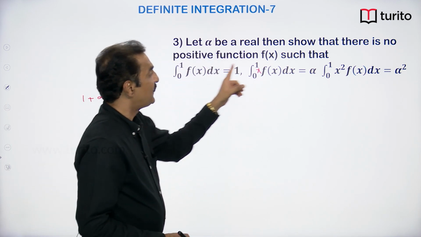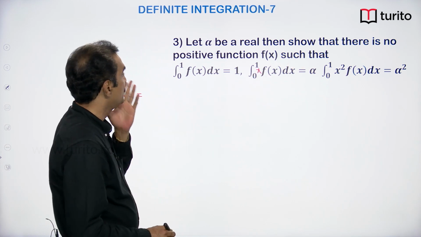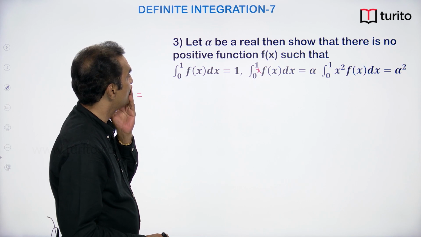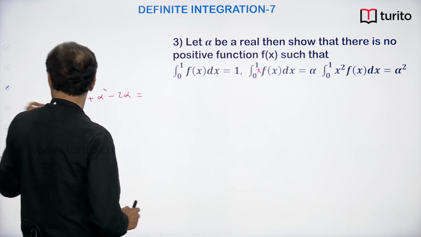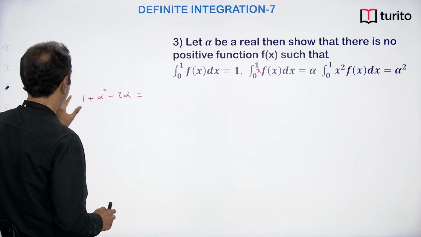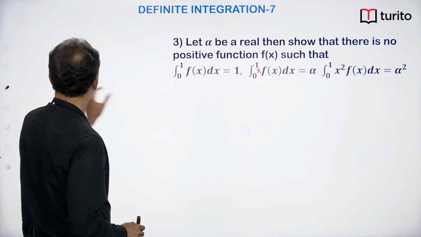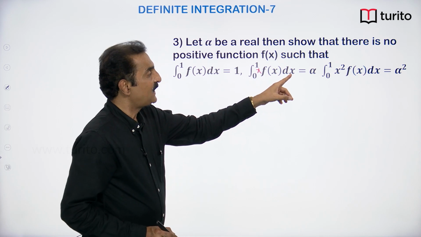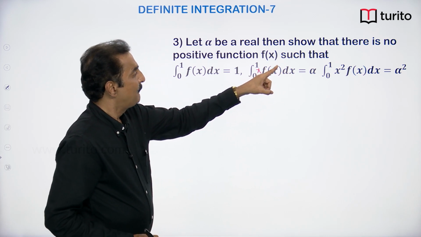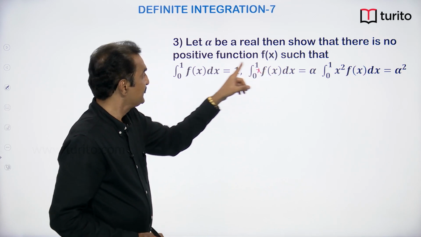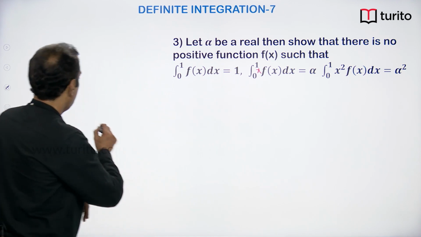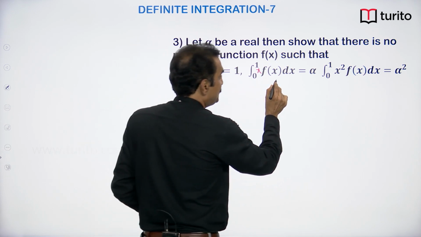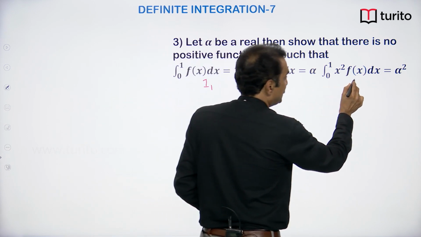Now, combining first and third, let us multiply this by 2 alpha, this by alpha square, and this is I1, I2, I3.